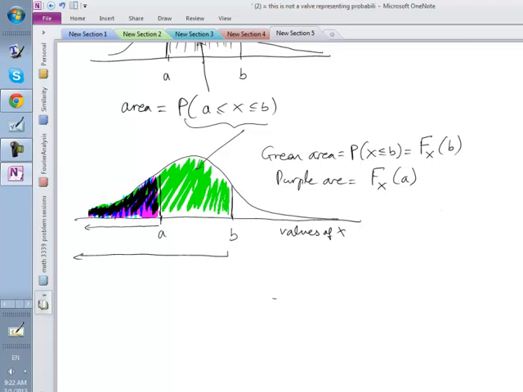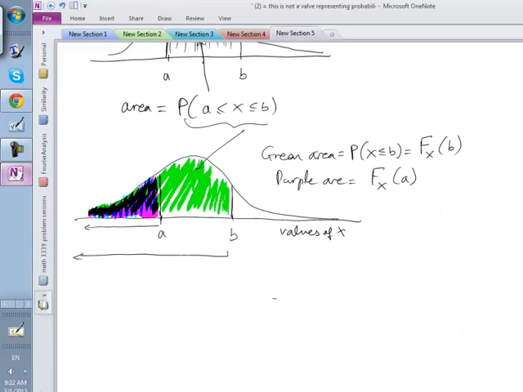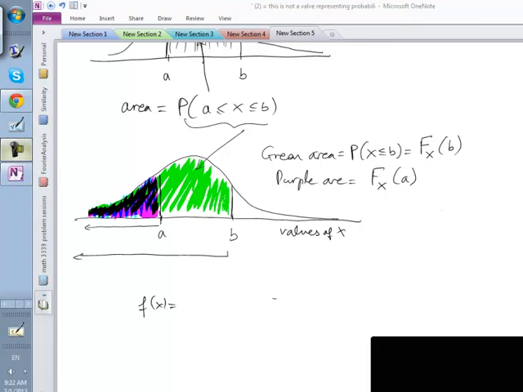Now let's go to problem 1 again. With problem 1 we have this function here. Now we will graph the PDF. Let's try to graph the PDF, f of x.